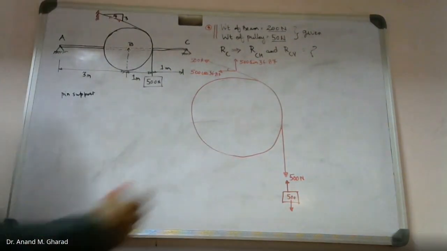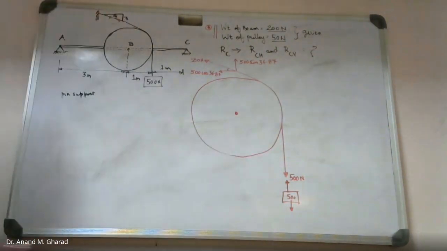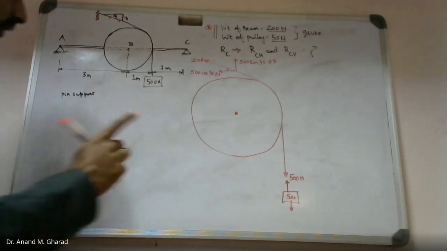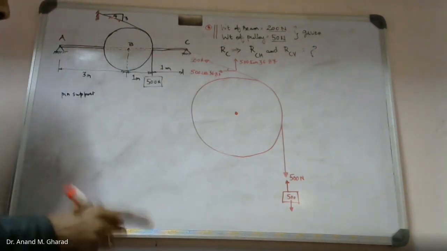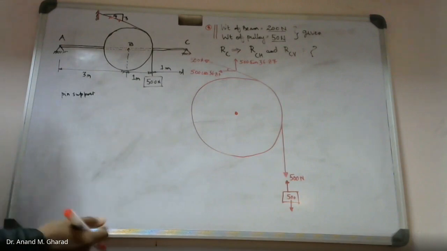36.87. Okay. And at point B, as we have discussed right now, there will be two reaction forces developed. One will be in the horizontal direction, another one in the vertical direction. Why? Because this beam has got self weight, and because of that you will expect a vertical reaction also, right?